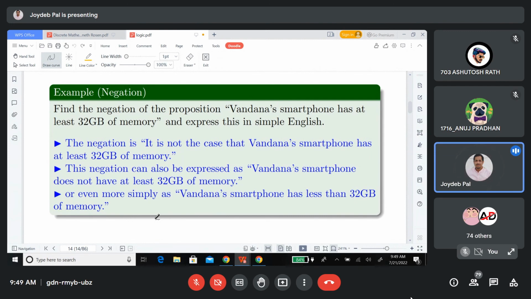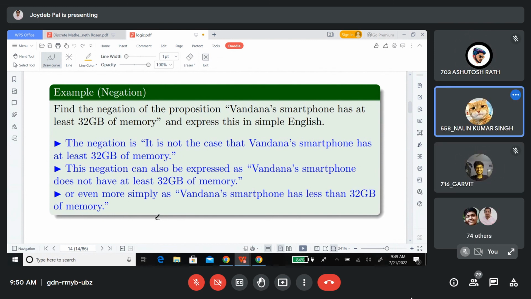Is there any other way? Yes. Vandana's smartphone does not have at least 32 GB of memory. It is also a negation form, right? Are you all getting it? Yes, sir.